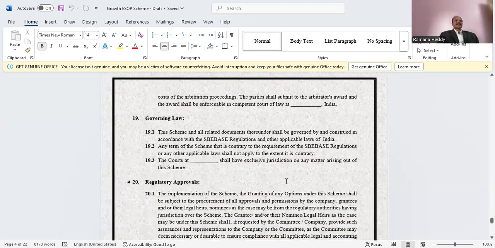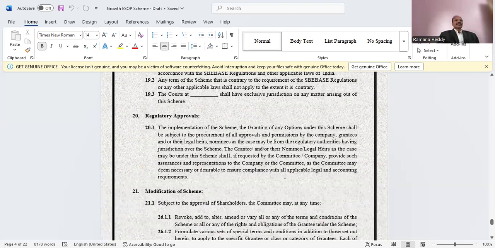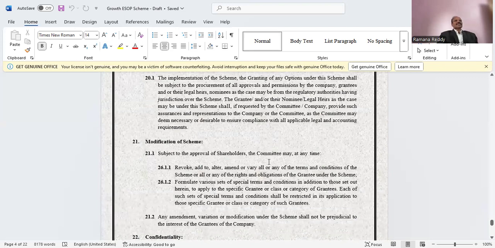Governing laws: as per the Indian governing laws, the Companies Act, SEBI regulations and all applicable laws and regulatory approvals, and the NRC will take care of all regulatory approvals. Modification of scheme is subject to approval of the shareholders. The committee may at any time revoke, alter or amend as per requirement, but subject to shareholder approval, and that will not affect the rights of the grantee already available.